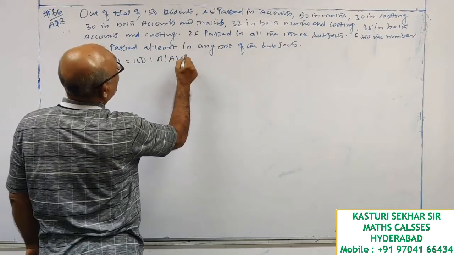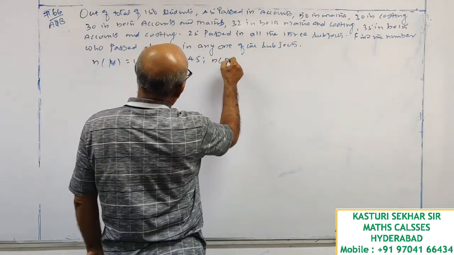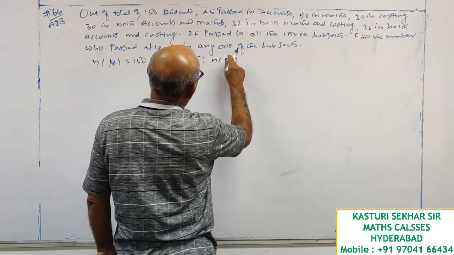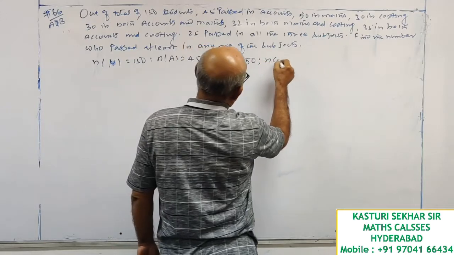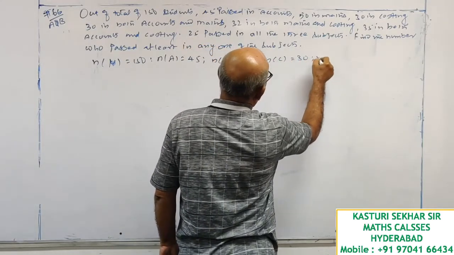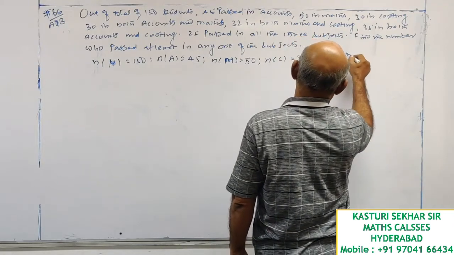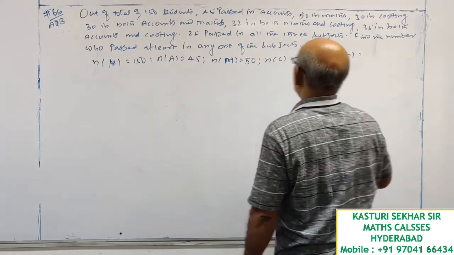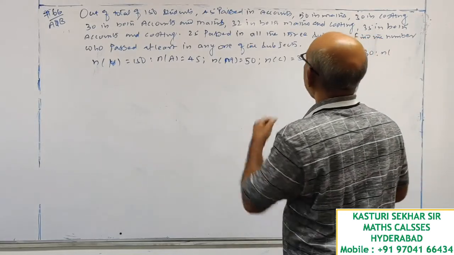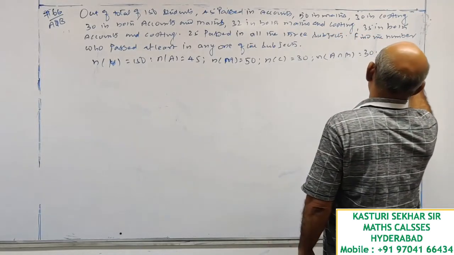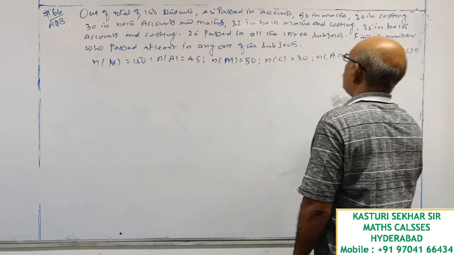N of A, how many students passed in accountancy? 45. N of M, maths, 50. N of C, costing, 30. N of A intersection M, accounts and maths, 30. N of M intersection C, 32.